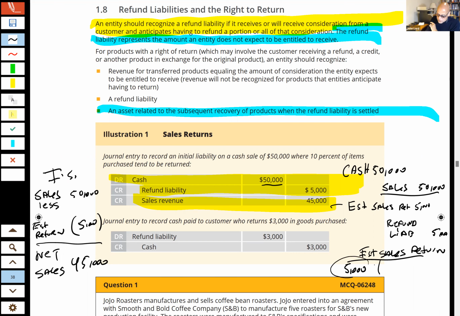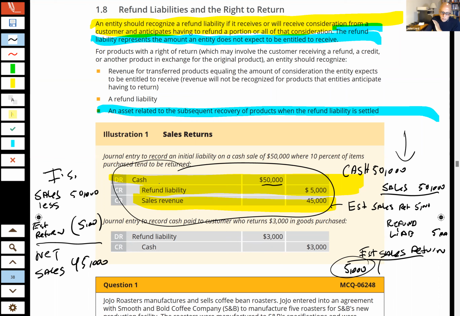And so you need this information to be able to do this. It's almost like looking at an allowance for doubtful accounts and figuring out what you need to put into the allowance as you added on additional receivables. So I think this way that I'm showing you is actually a little sloppy, in my opinion.